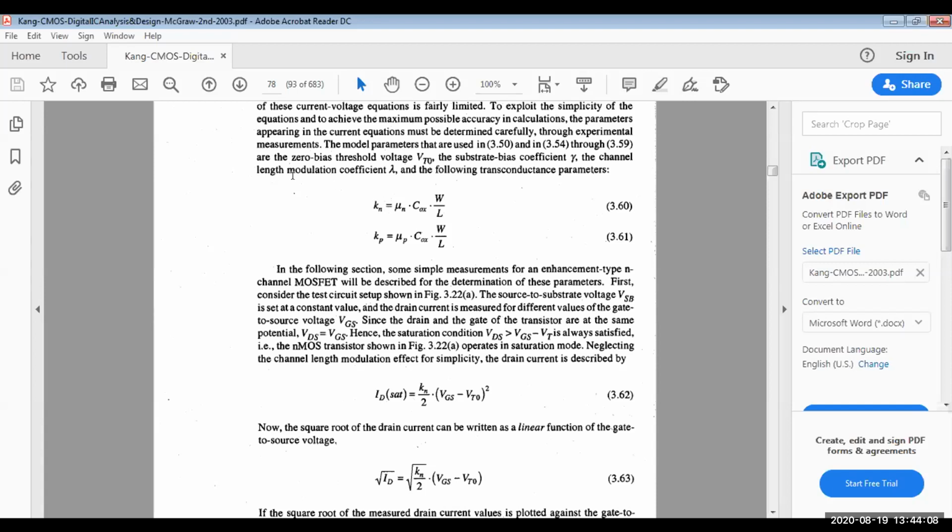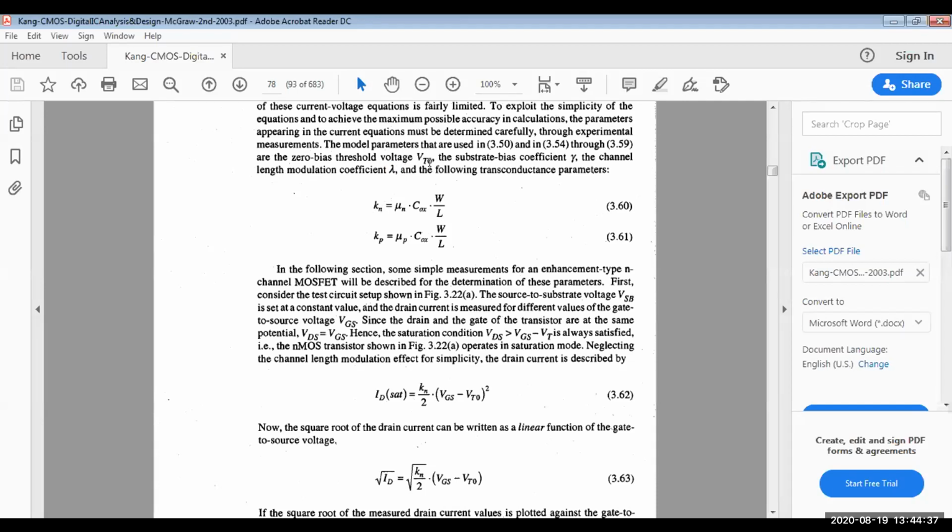Another important parameter is the channel length modulation coefficient lambda, as we have studied for the channel modulation effect. That modulation effect is lambda, which we need to know. And some test circuit is set up to get these parameters. VT0 is the threshold voltage without the body effect, and VT is the threshold voltage with the body effect.